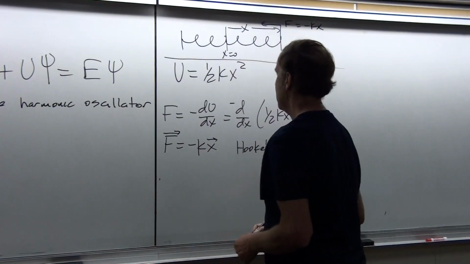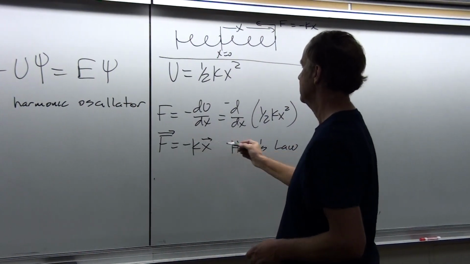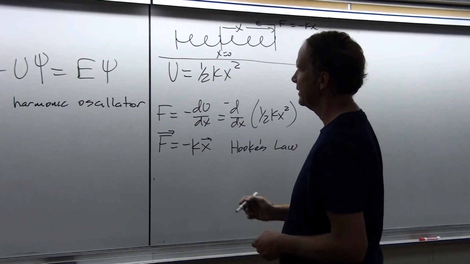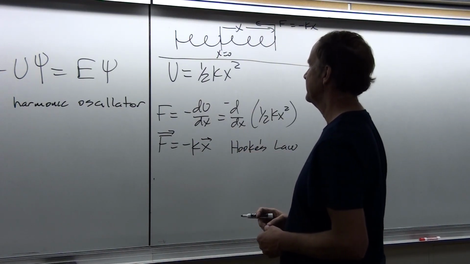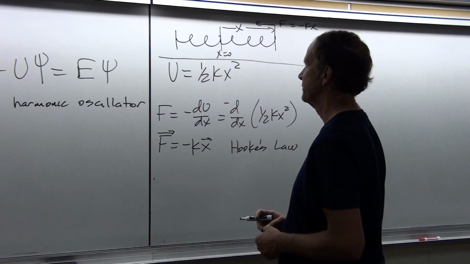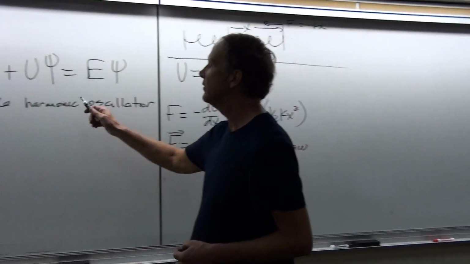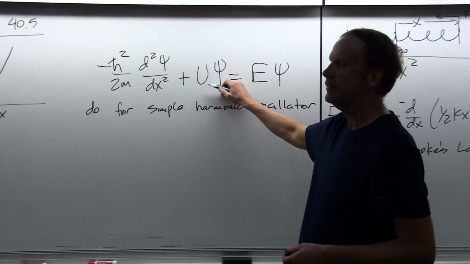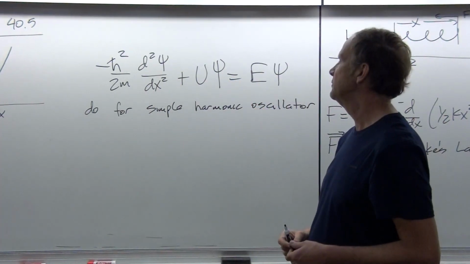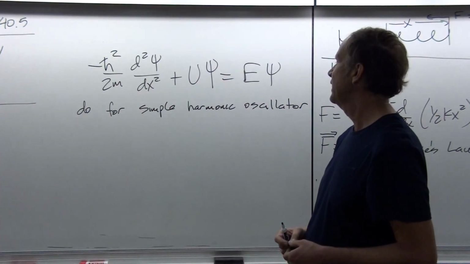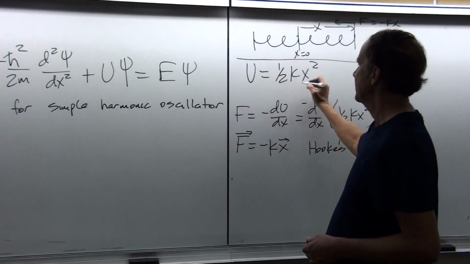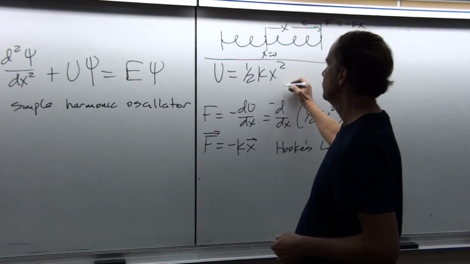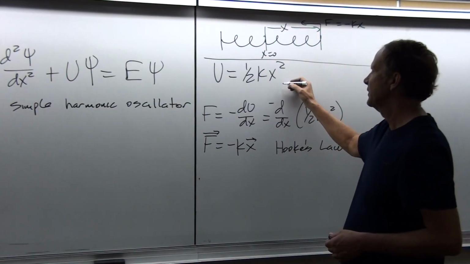We've done a lot with this in Physics 208A, where we plotted the force versus the displacement for a mass spring system. Now, using the Schrodinger equation, what we're more interested in is not the force, but the potential energy function. The potential energy for a mass on a spring is 1/2 kx squared.